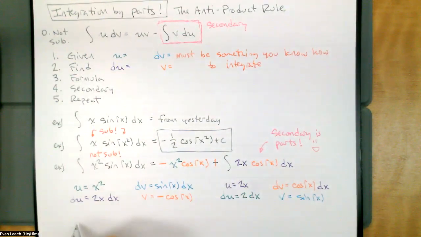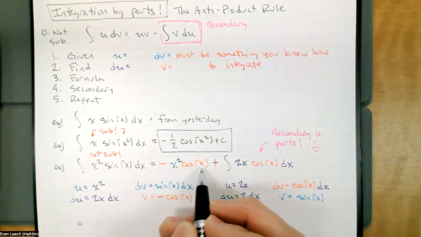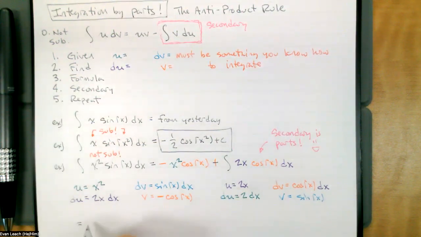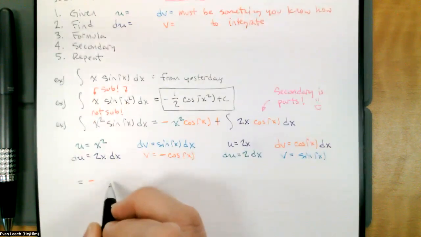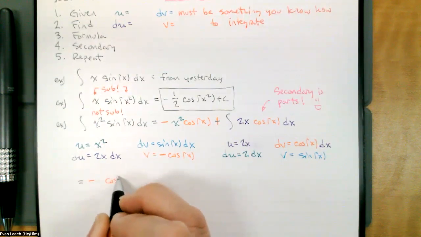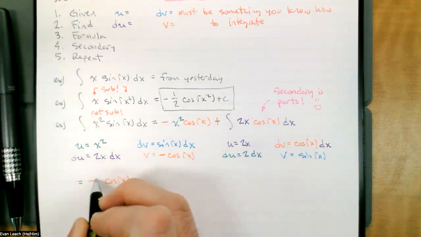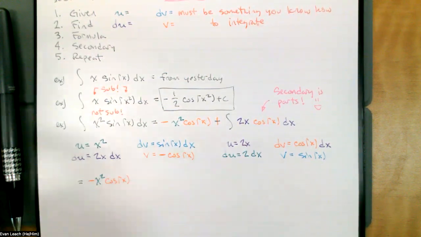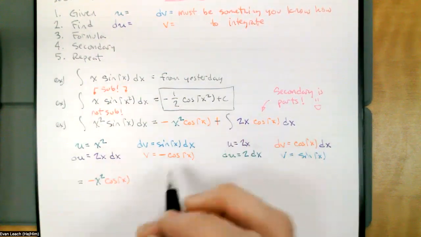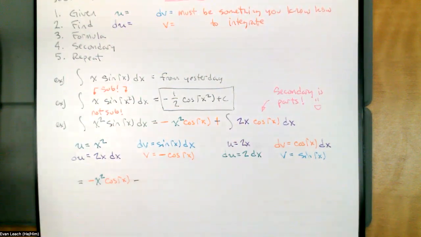Still got this first term, so I'm going to have minus x squared cosine x. This minus became a plus.